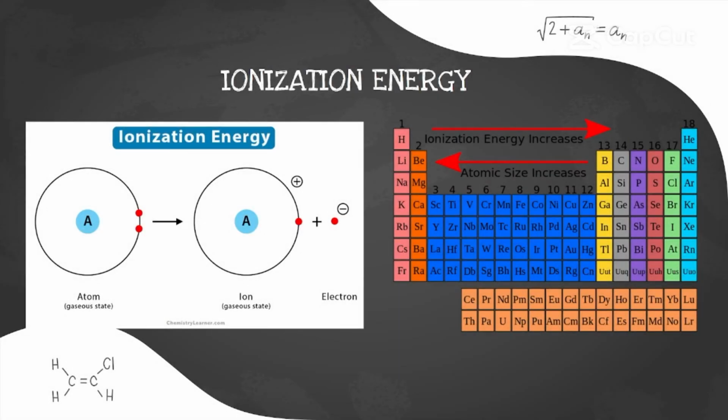Now on to ionization energy, which is the energy that is required to remove an electron from an isolated atom or molecule. The ionization energy increases as you go up in a group due to the atomic radius getting smaller, and therefore the attractive forces on the outer shell electrons increasing, making it harder to remove them and ionize the atom.